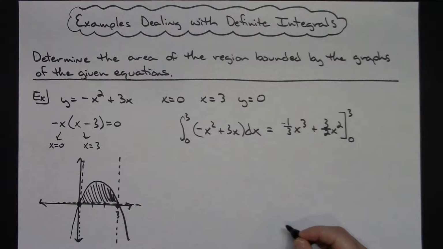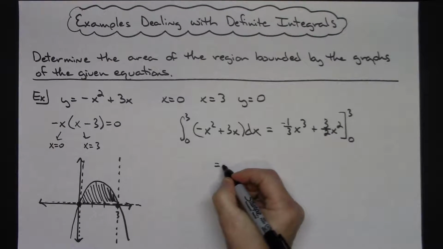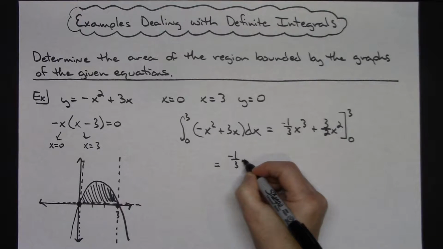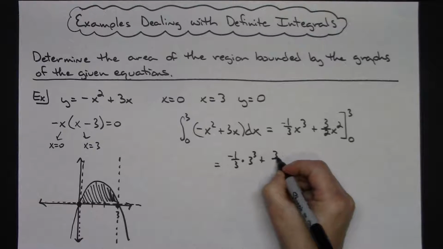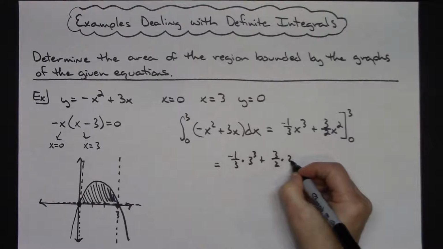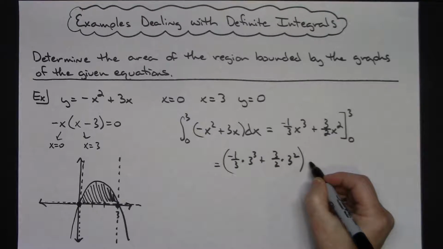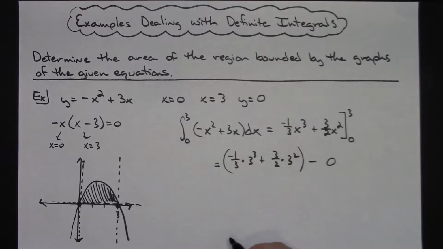So we can plug 3 in. Let's do negative 1/3 times 3 cubed plus 3/2 times 3 squared. I said cubed on the first one, I think I said squared. And then when I plug in 0, I'm just going to have 0 altogether.